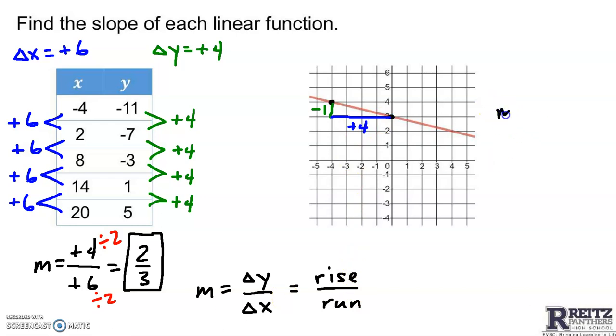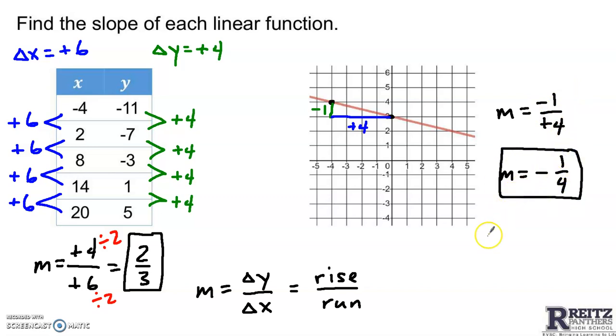So my slope is -1 over +4. A negative number divided by a positive number is negative, and 1/4 doesn't reduce, it's just 1 over 4. The slope there is -1/4.